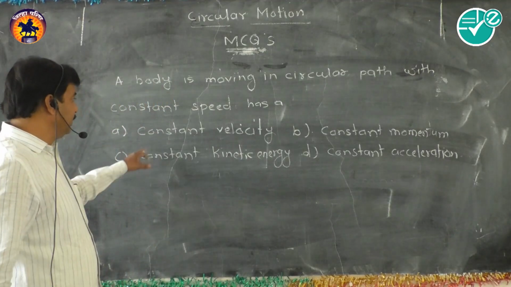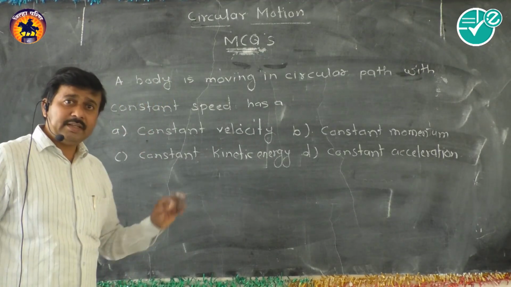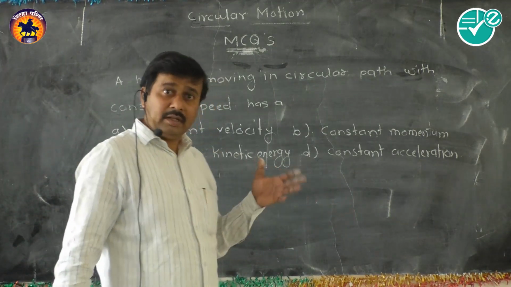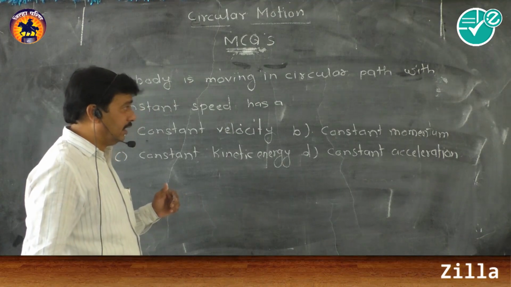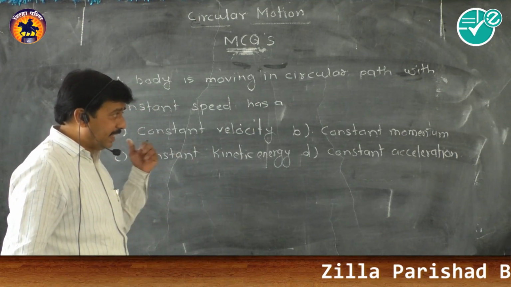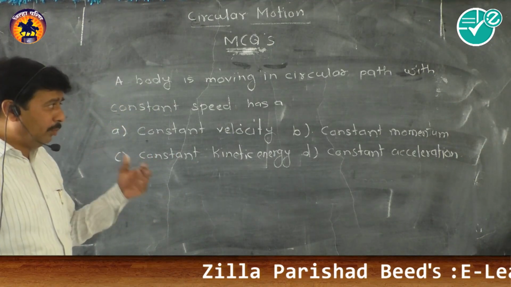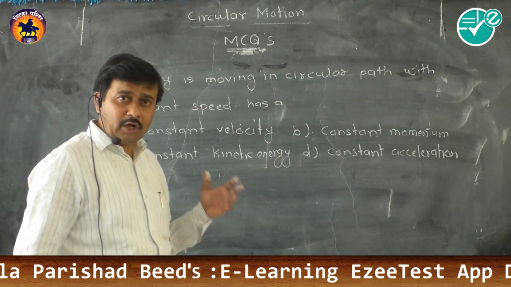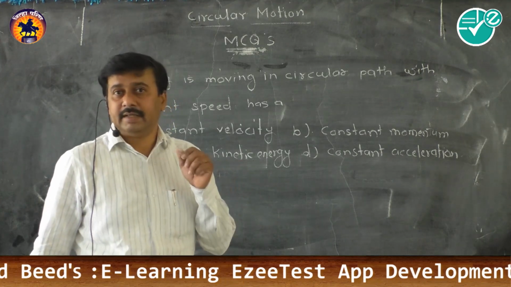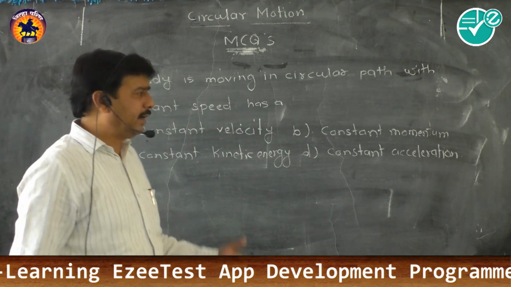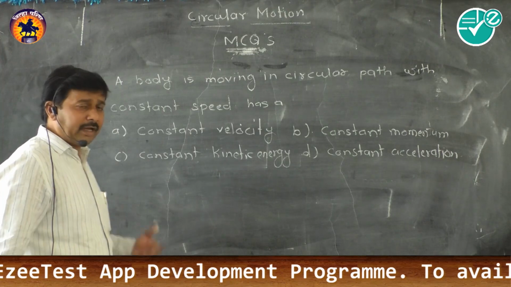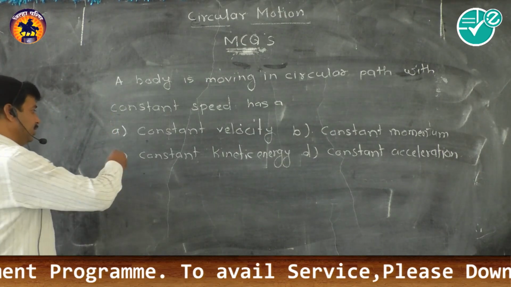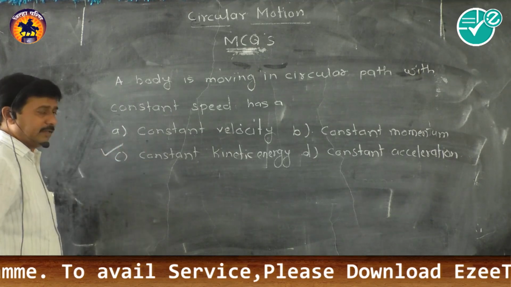As velocity is a vector quantity, it may not be constant. In a similar way, momentum and acceleration, along with velocity, are all vector quantities and the direction is changing, so they may not be constant. The only one remaining is the kinetic energy, so the kinetic energy is constant here.